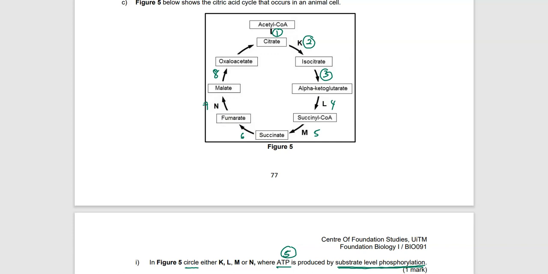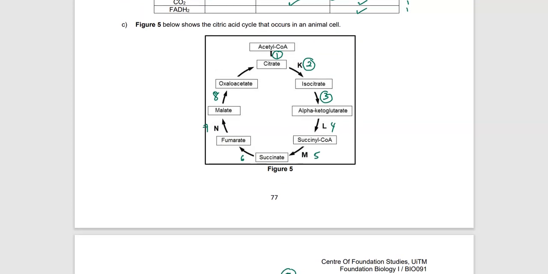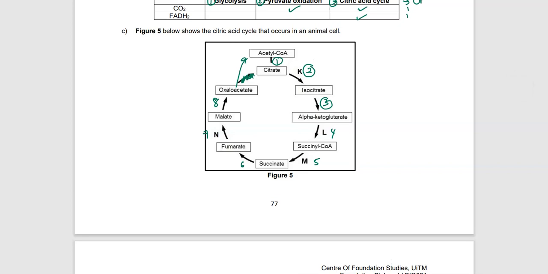This diagram is actually a bit incorrect where the oxaloacetate will combine with acetate actually, so remove this one here. I'm sorry, it is actually correct. Let's redo this labeling actually.